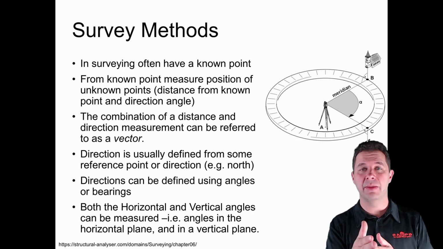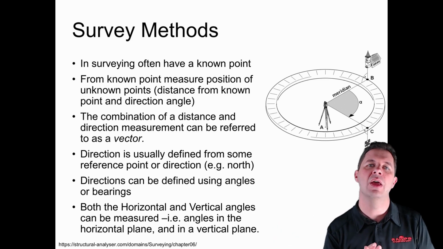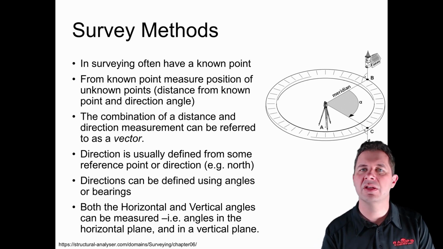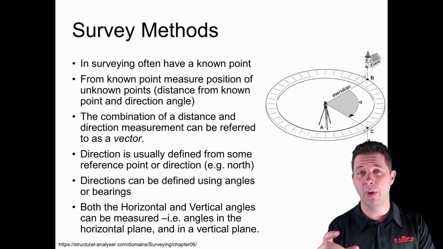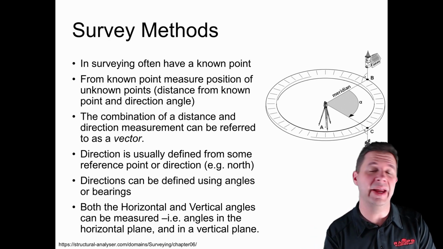So looking at surveying, often our problem is that we want to survey points, as in the distance to that point and the bearing of that point from maybe another point or from north or from a known point, like maybe a survey control point. So here we're looking at a combination of both distance and a bearing or an angle, which we can refer to as a vector.